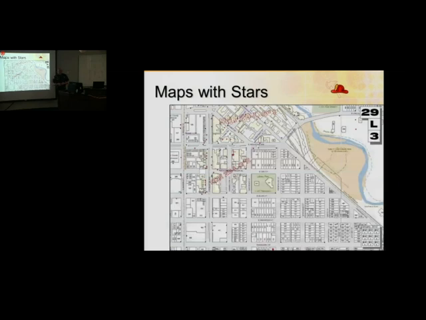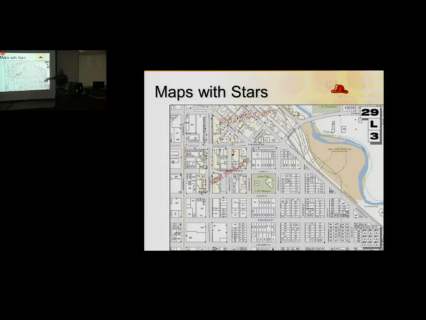Maps with stars on them. These are in Station 1's area, is the big one that has it. Some of the, I believe, bigger apartment complexes and trailer manufactured home parks are having these now. But maps with stars. So 29 Lincoln 3 is Old Town. Part of the problem with Old Town is all these little building numbers you cannot see anymore.